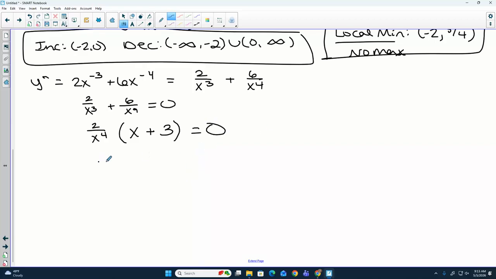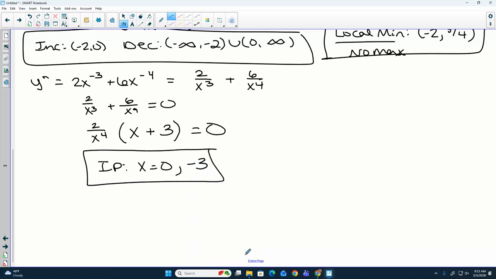So our inflection points, anywhere this is 0 or undefined, we can see it's undefined if x is 0, because that puts 0 in the denominator, and negative 3 makes it equal 0.